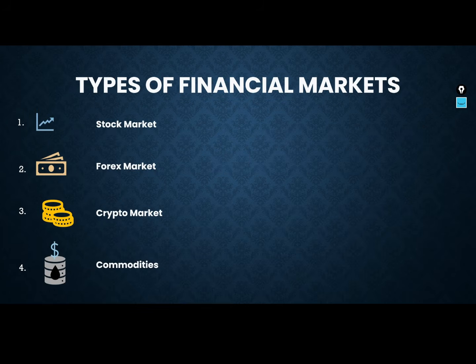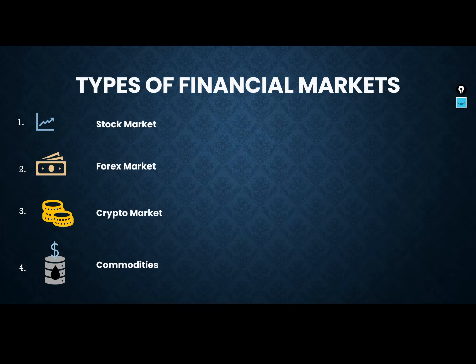Types of financial markets. There are many financial markets, but beginners should know these four: stock market, forex market, crypto market, and commodities. Stock market means people buy and sell shares of companies like Reliance, TCS, Infosys, etc. Forex stands for foreign exchange.